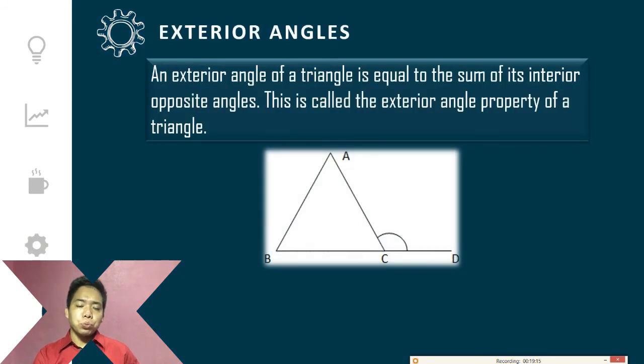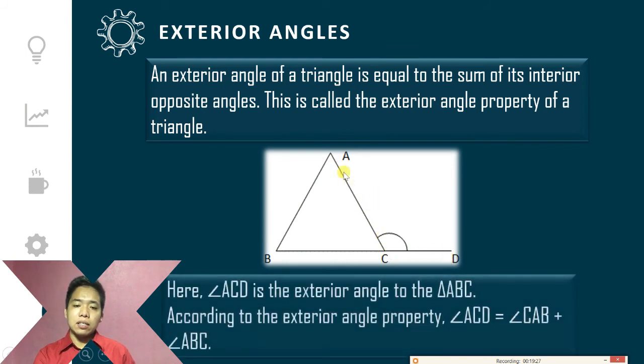Now we'll talk about exterior angles. The exterior angle here, angle ACD, is the exterior angle of triangle ABC. So an exterior angle of a triangle is equal to the sum of its interior opposite angles. This is called the exterior angle property of a triangle.